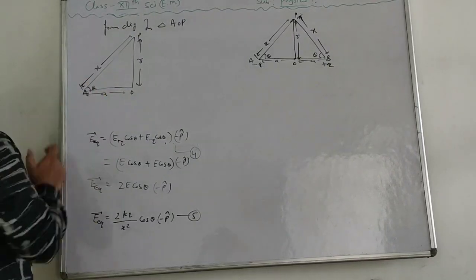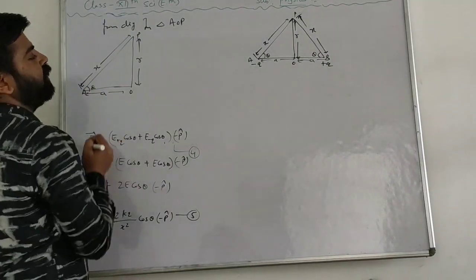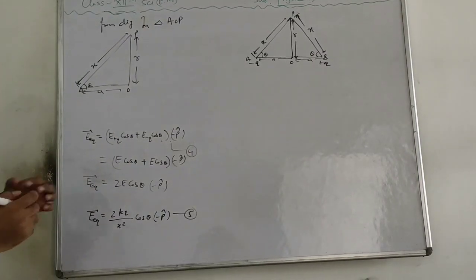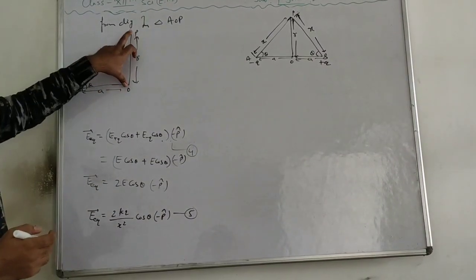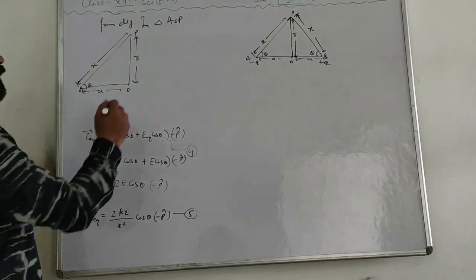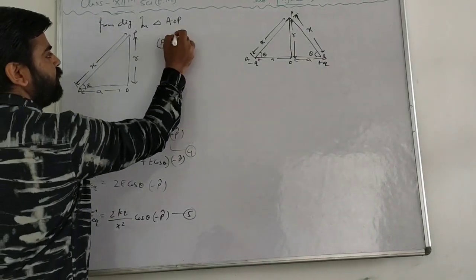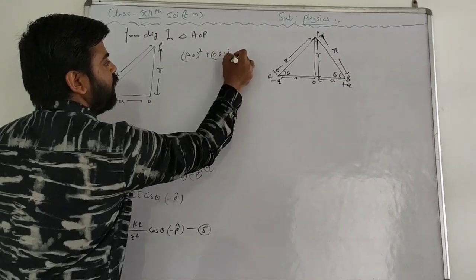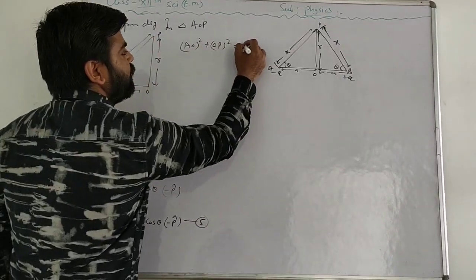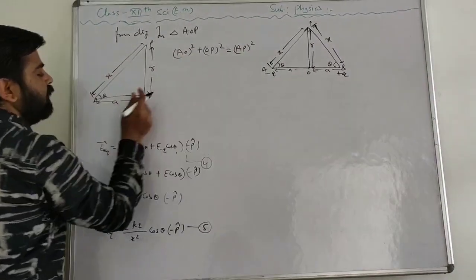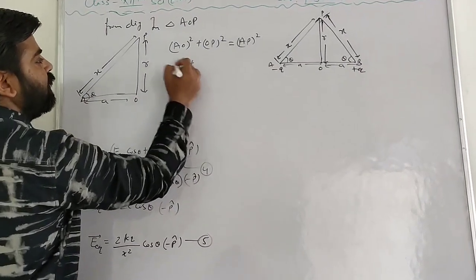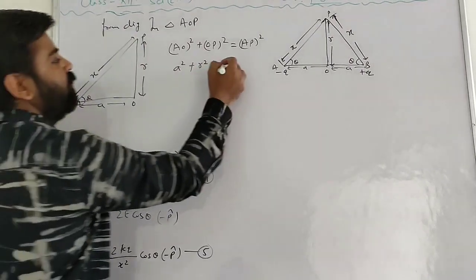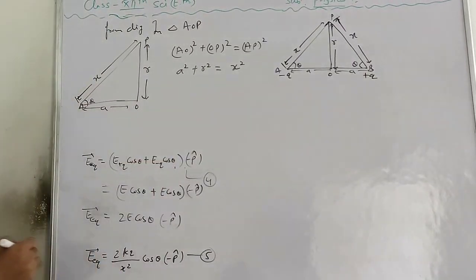So from the triangle, using the Pythagoras theorem. What is the Pythagoras theorem? Base square plus perpendicular square is equal to hypotenuse square. Base square AO square plus perpendicular square OP square is equal to hypotenuse AP square. AO means a square, OP means r square, is equal to AP, which means x square.